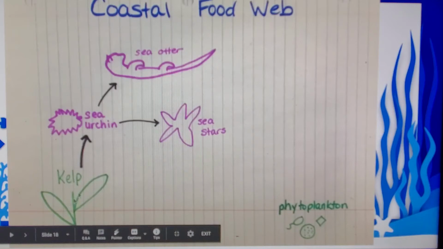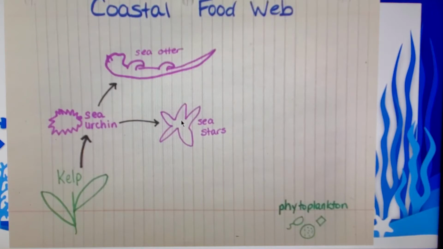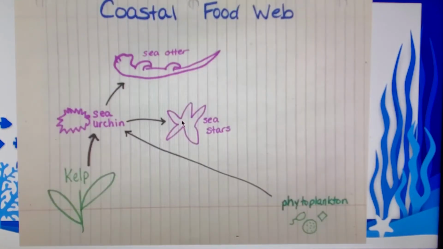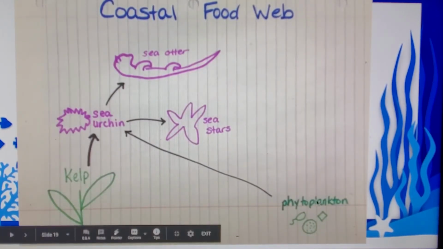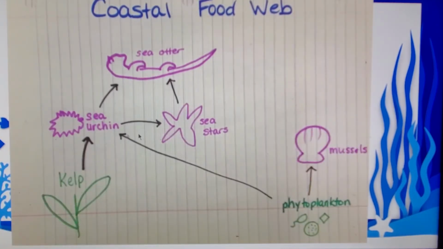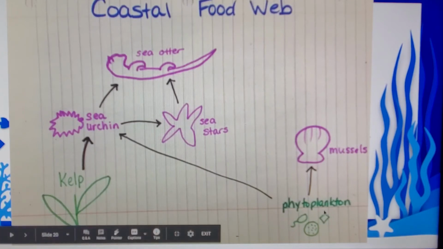So this food chain is accurate, but it's not the total picture. We also know that sea stars or starfish love to eat sea urchin. So sea urchin's energy goes towards sea otters and sea stars. Sea urchins also eat phytoplankton. Mussels eat phytoplankton as well.